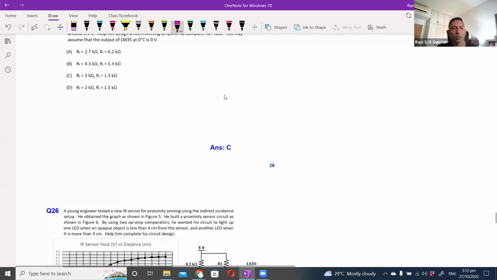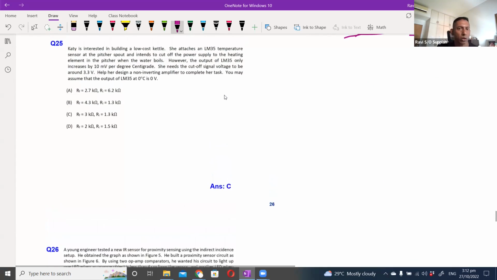And that is the last question on that. So the rest of the questions are on the sensor interface. If you look at this question here, we are given an LM35 temperature sensor to detect the water boiling. What we are given is at 0 degrees Celsius, the voltage is 0 volt, and it increases by 10 millivolt per degree.